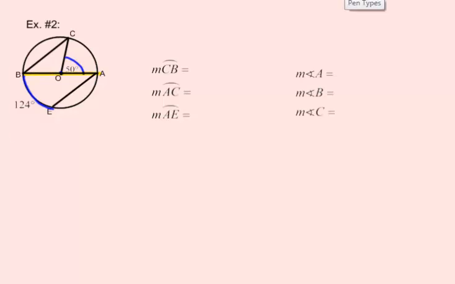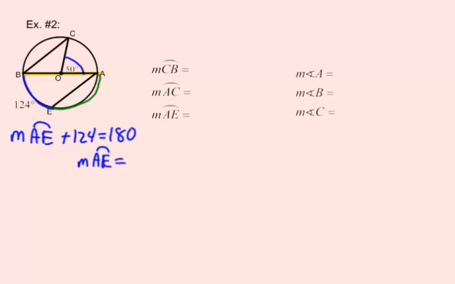That means the measure of arc AE, from A to E, plus the measure of arc BE, that's 124, equals 180. So we subtract 124 from both sides, and that leaves us with 56 degrees, which is the measure of arc AE.